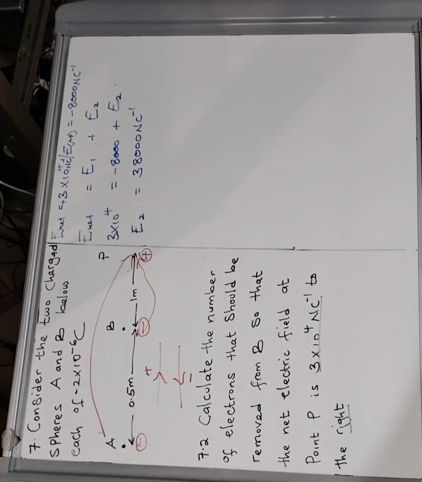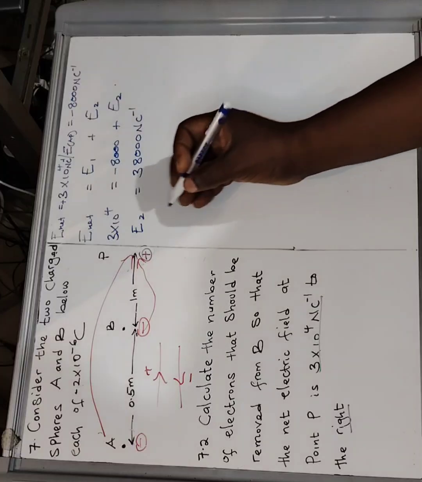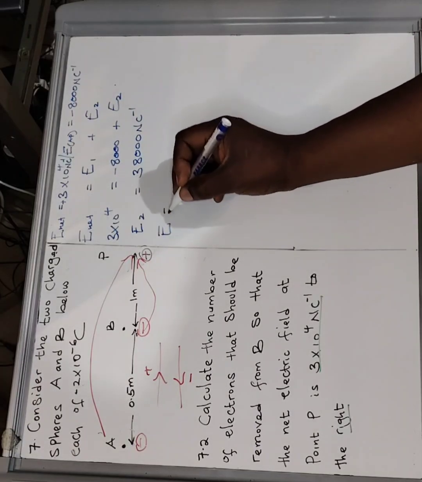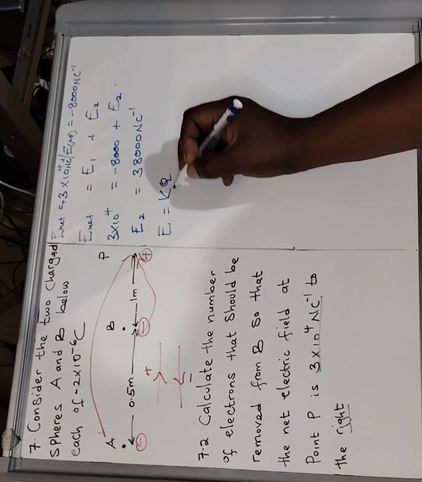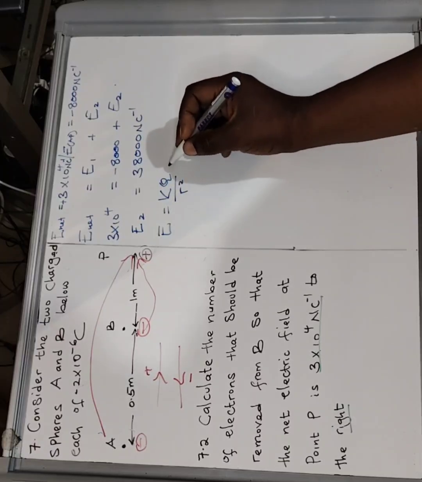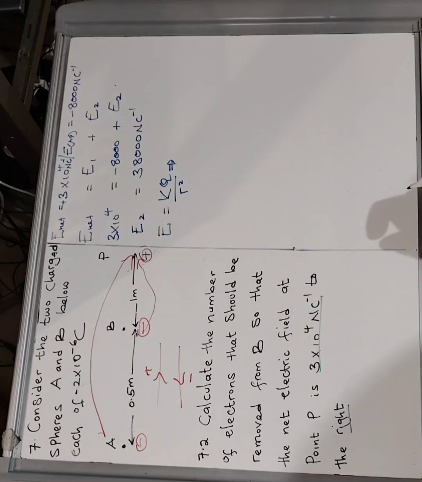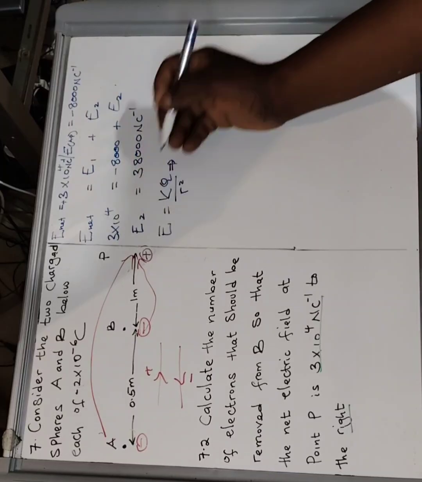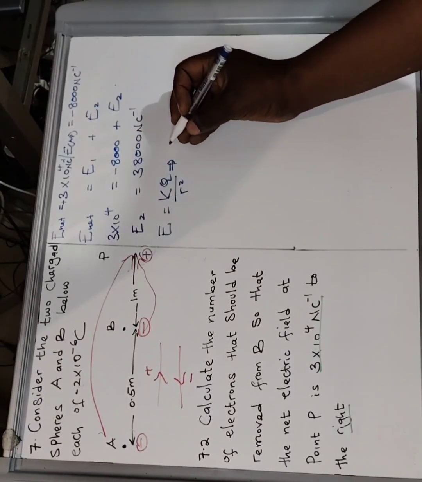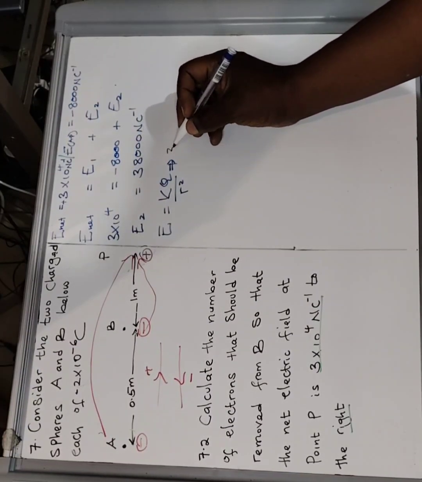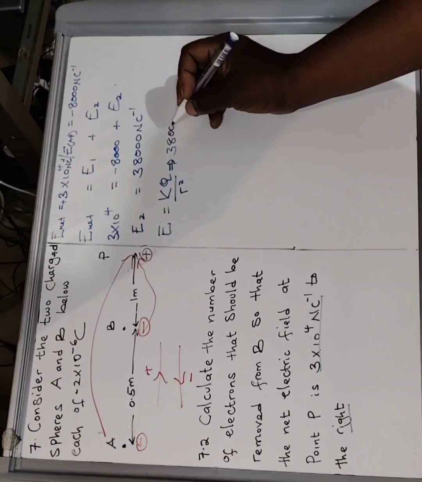Okay, so what do we do under this circumstance? We go ahead and get the new charge at B. How do we get it? Through the equation E is equal to KQ over R squared. Here our E is going to be our E2, which is 38,000.